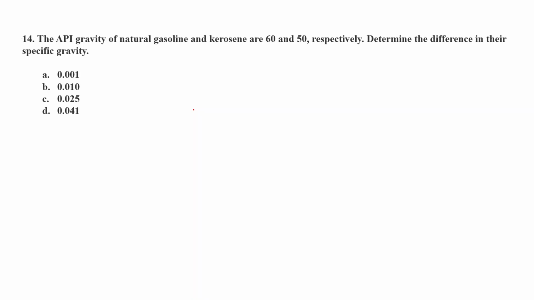One numerical is here. The API gravity of natural gasoline and kerosene are 60 and 50. Determine the difference in their specific gravity. You guys solve and tell me the answer. API gravity, I should write the formula.